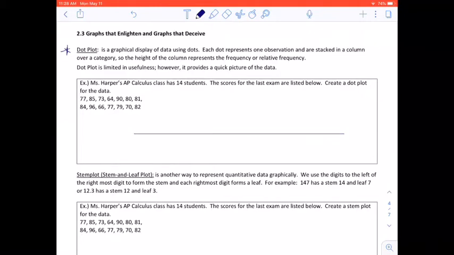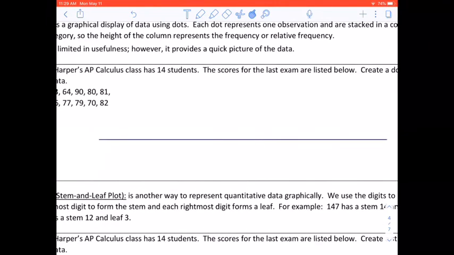The lowest exam score that we have is a 64. And the largest exam score that we have is a 96. So I'm going to go ahead and start this at 60. Count by 5s.